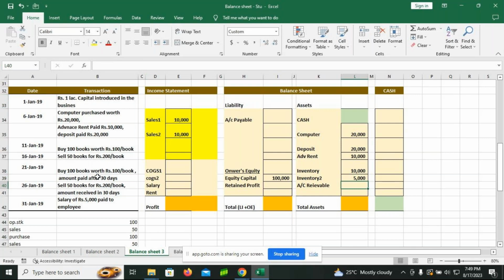So second inventory, account receivable. So account payable. So here first account payable I have cleared it. The second one I am supposed to pay, so equals 100 into 100. So I'm going to reduce the amount from here.